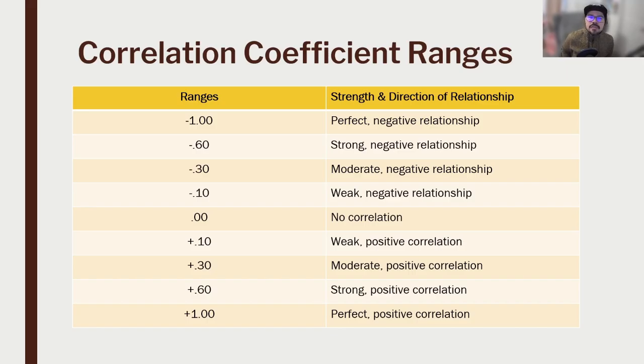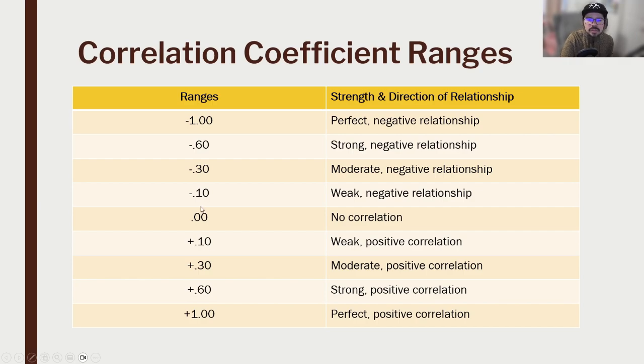The correlation coefficient, as I mentioned, ranges between -1 and +1. The negative and positive sign describes the direction of the relationship, while the numerical value itself is an expression of the strength of the relationship. When you see a negative value, we are talking about a negative relationship. When we see a positive value, it is a positive relationship.